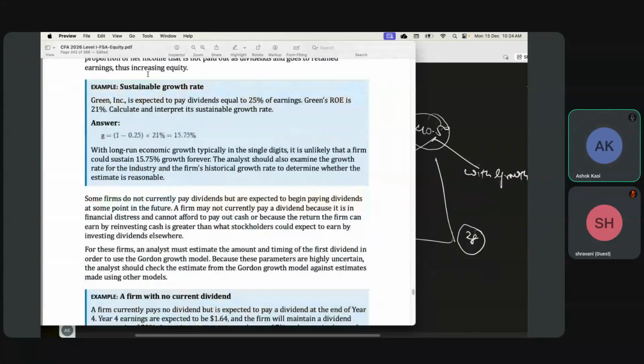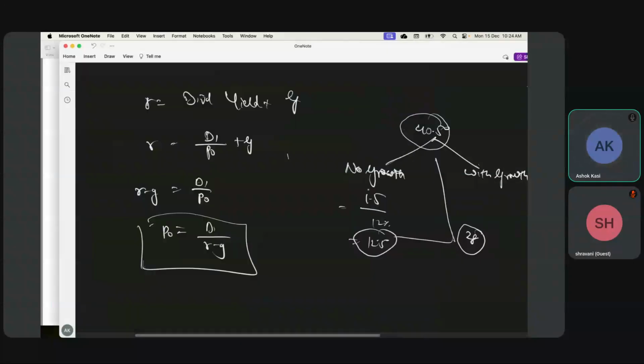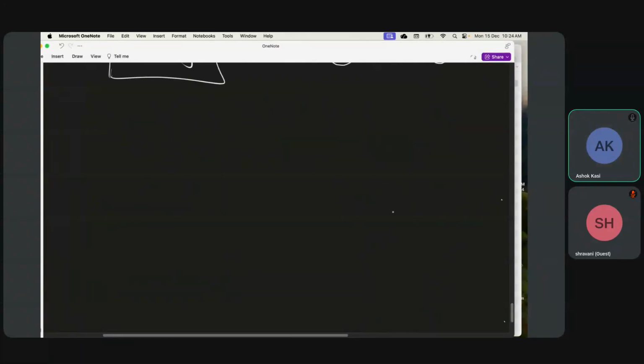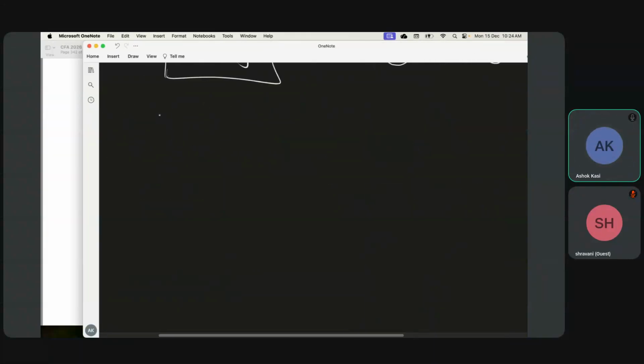Then sustainable growth rate. Sustainable growth rate is, growth is equal to, this is how I remember, ROE into retention ratio. This formula you have to remember. Remember means if you understand the logic, it becomes easier. Return on equity is equal to net income by average equity.